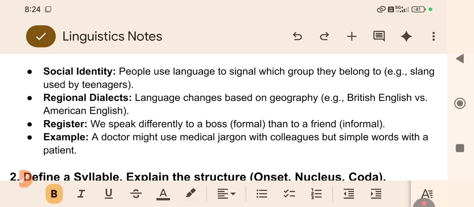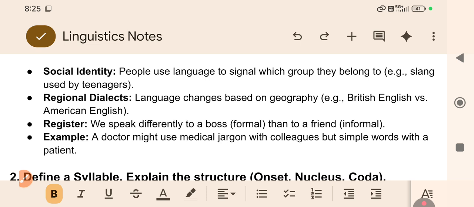So that is sociolinguistics, right? Social identity: people use language to signal which group they belong to, right? Slang used by teenagers is social identity. A mature lady speaks differently from an immature or college-going girl, and the conversation of girls or boys must be different, right?